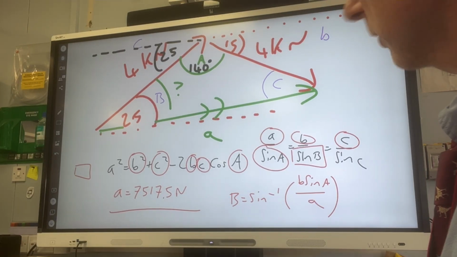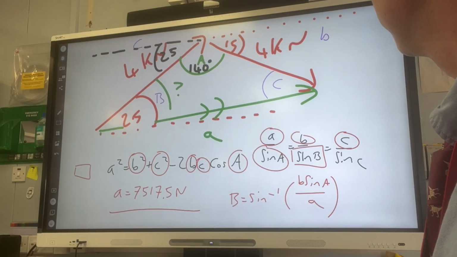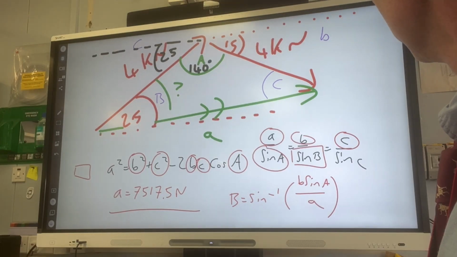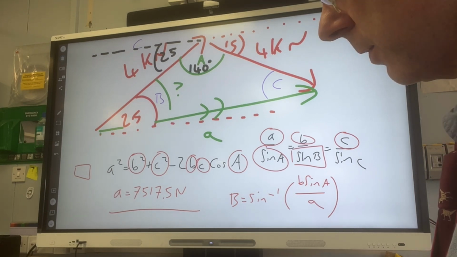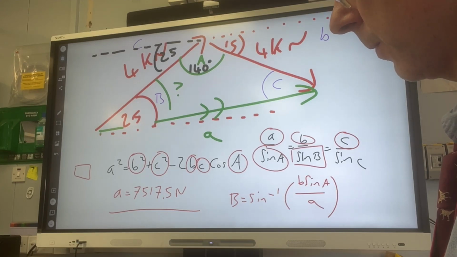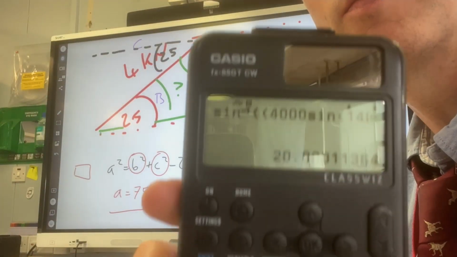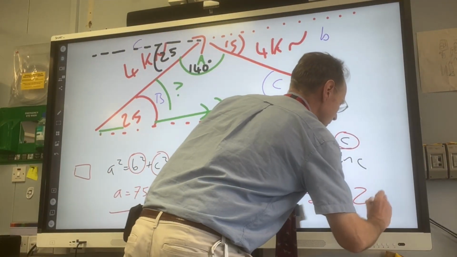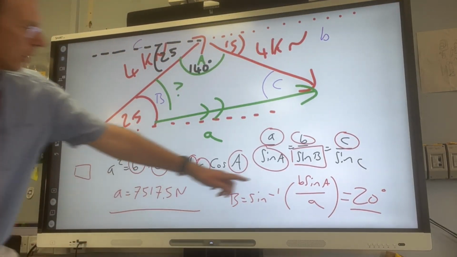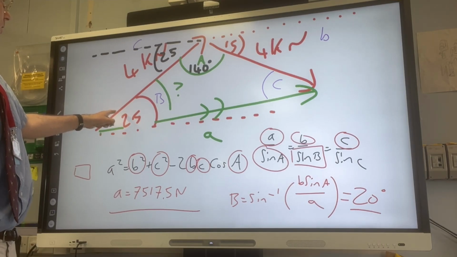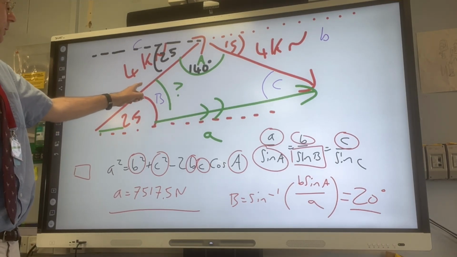B sine A is 4,000 sine 140 divided by 7517.5. 20 degrees. B is 20 degrees.